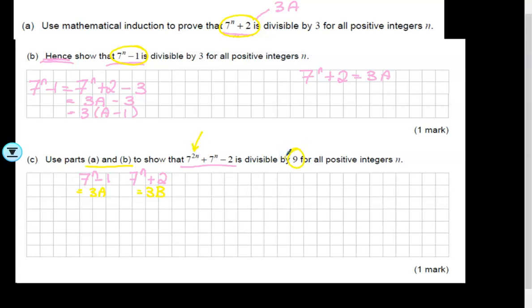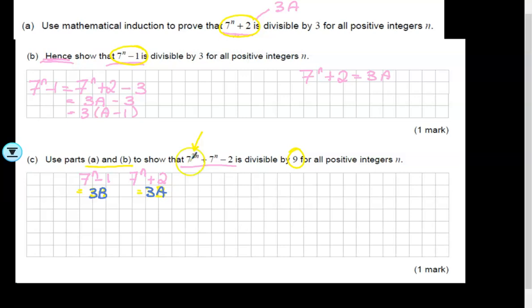Or 3 and 9? Sorry, that writing is very bad. I apologize. So that's 3 times B. This will be 3 times A. How can we prove that it's divisible by 9?